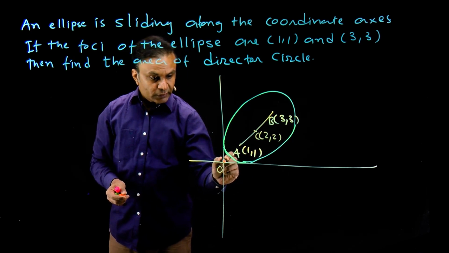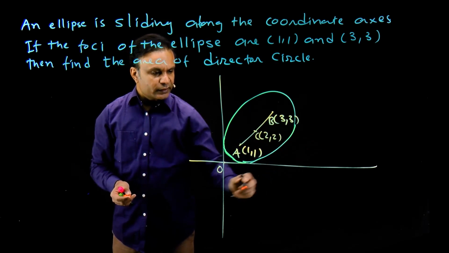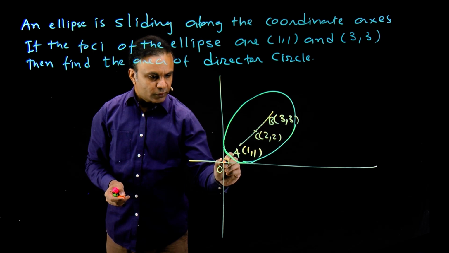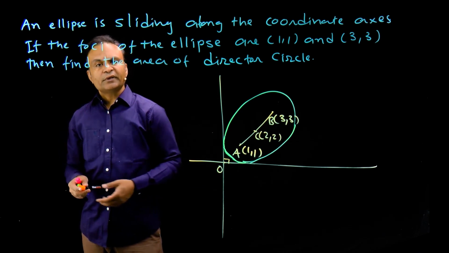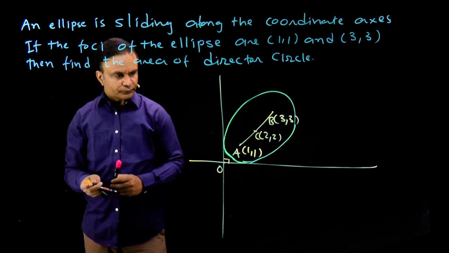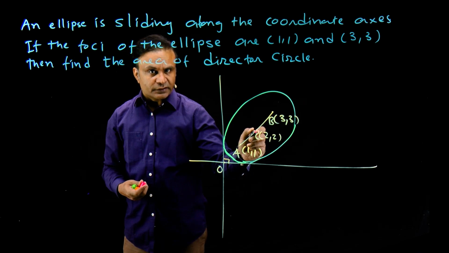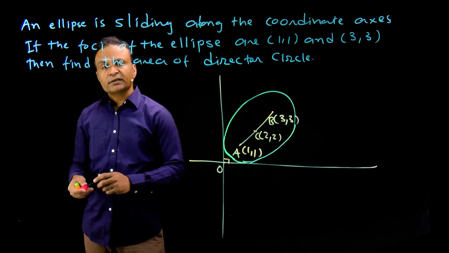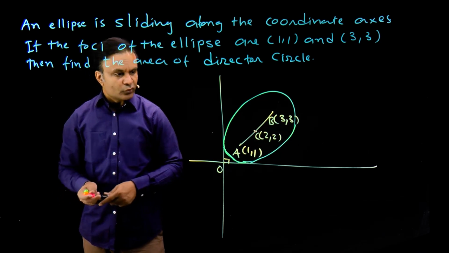This is the origin. This point will lie on the director circle because these 2 tangents are perpendicular. So point O lies on the director circle. Then what will be the radius of the director circle? क्या होगा इसका radius? This is the center of the director circle because the center of the director circle and the ellipse are the same. दोनों का center same होगा.